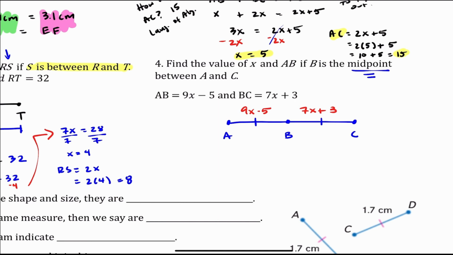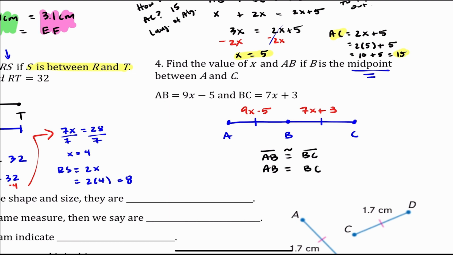If B is the midpoint between A and C, what do I do with these two expressions? Well, first of all, we know that segment AB is congruent to segment BC, and that's the language of geometry, right? We know that these two segments are congruent. We also know that AB is equal to BC, right?